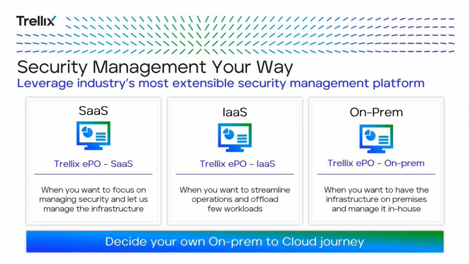We do certify it on AWS as well as Google Cloud, and there is no limit on the public cloud infrastructure that you intend to use. So these are all the options for using EPO.